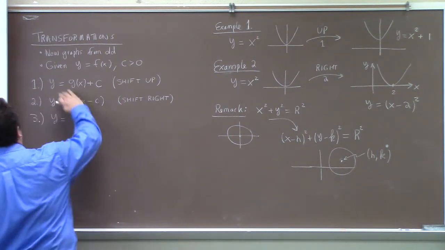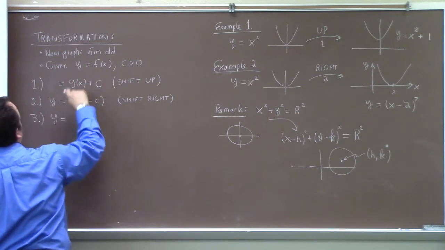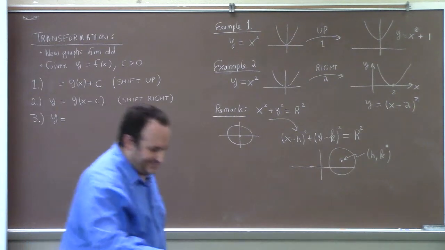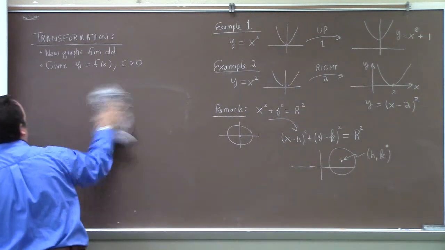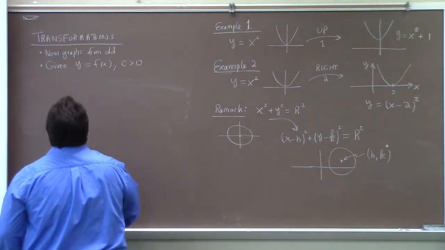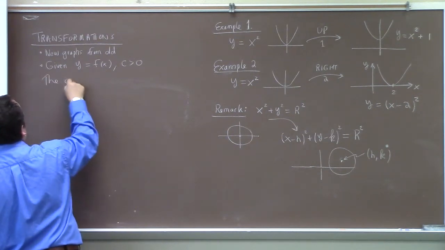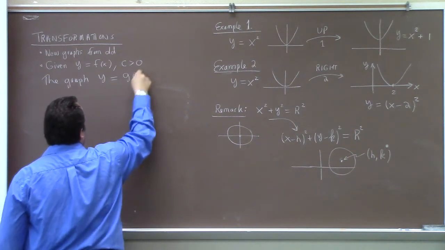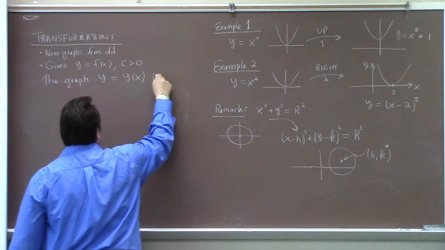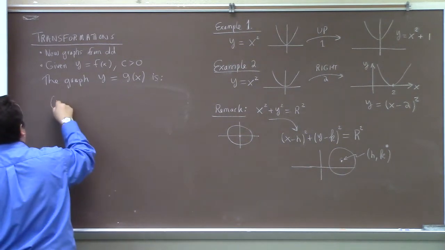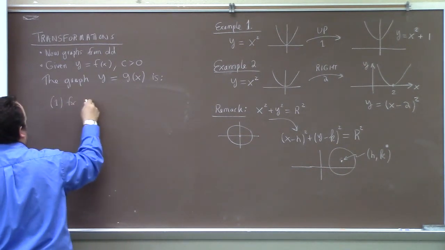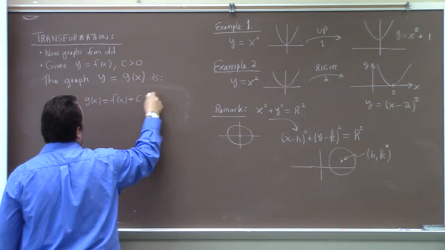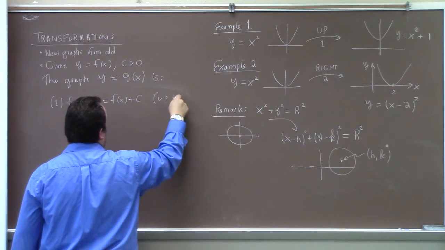What I was trying to write here, guys, graph y equals g of x is 1 for g of x equals f of x plus c, up by c.